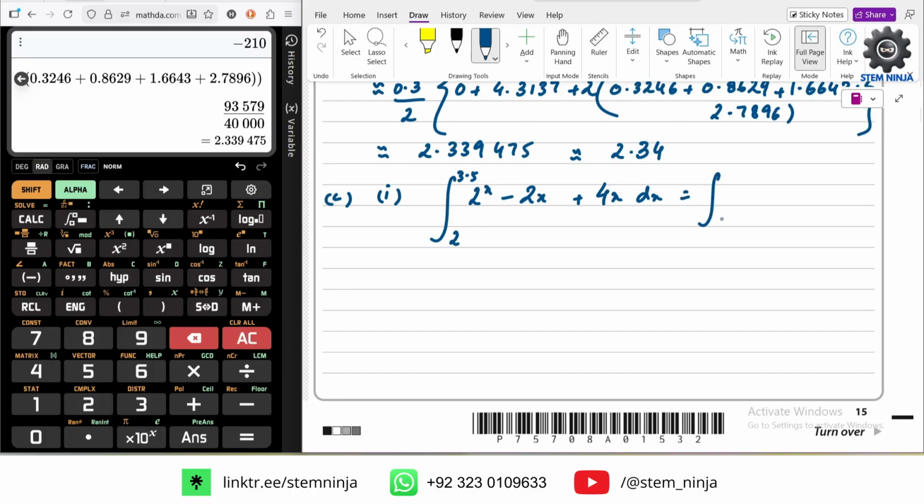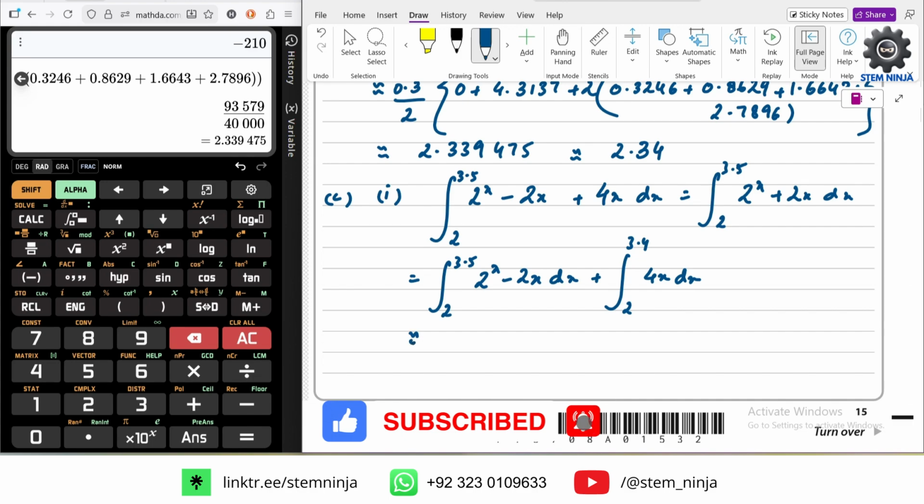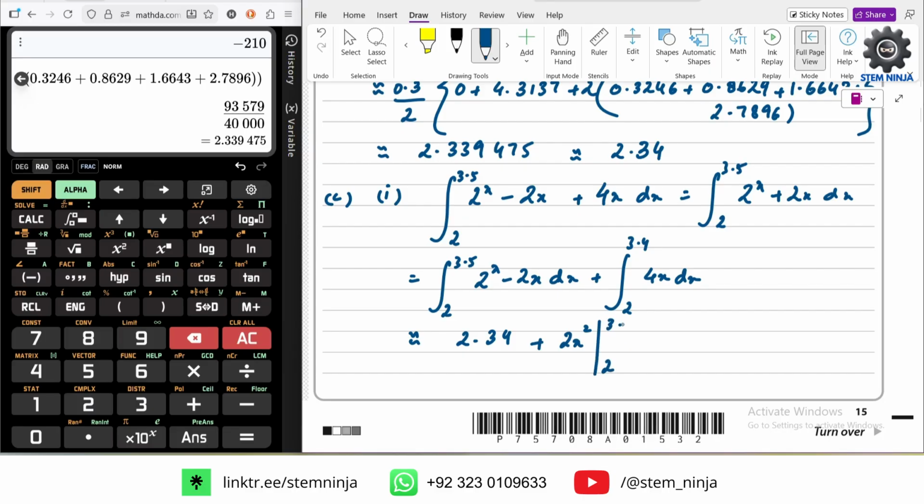So this becomes the integral from 3.5 of 2 to the power x dx, plus the integral from 3.5 of 4x dx. So this is 2.34, but this is 2x squared, because 4x squared over 2 is 2x squared, from 3.5 to 5.